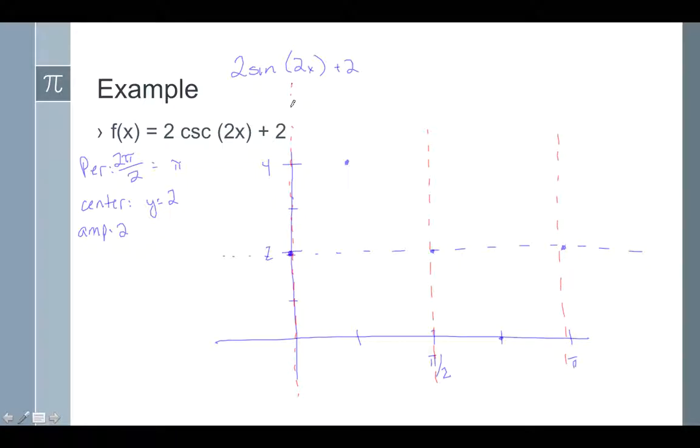And a maximum for sine, which is this value, becomes a minimum for cosecant. And a minimum value for sine becomes a maximum value for cosecant. Make sure you don't cross your asymptotes there. That's illegal. And there we have the cosecant graph for this example.